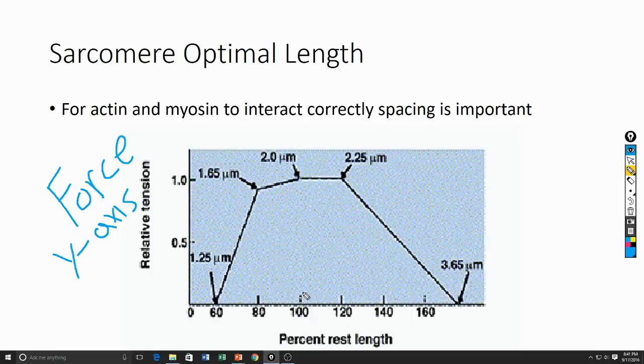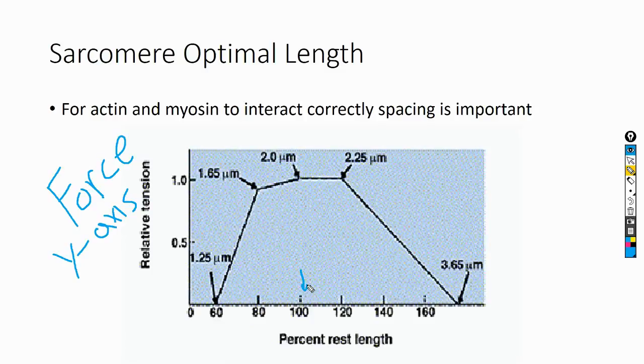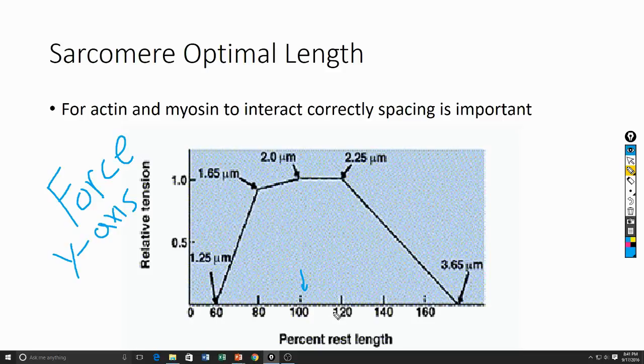At 100% here, this is normal resting length. Having a higher number means that the sarcomere is able to produce more force at that given percentage relative to its normal resting length.